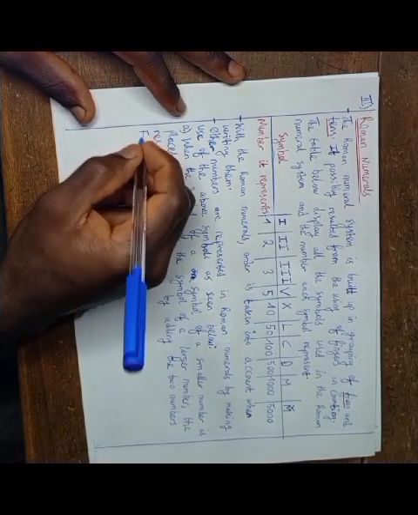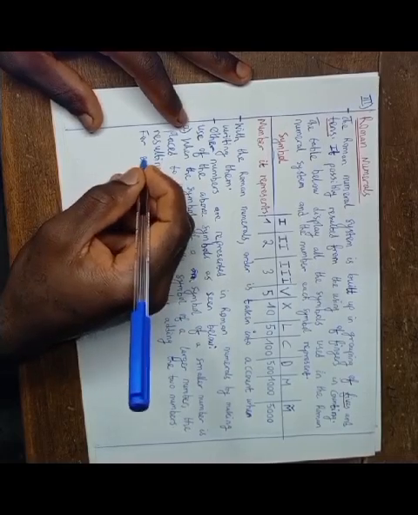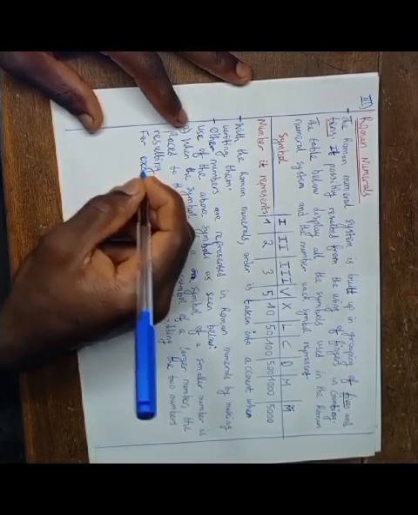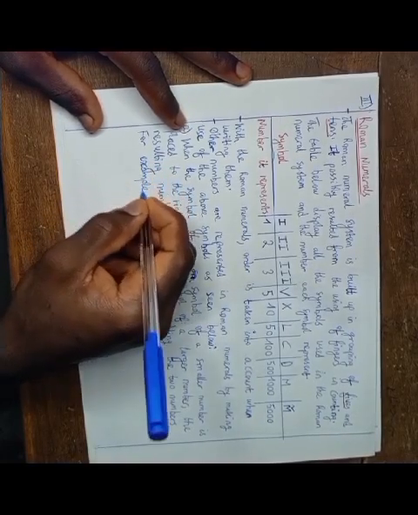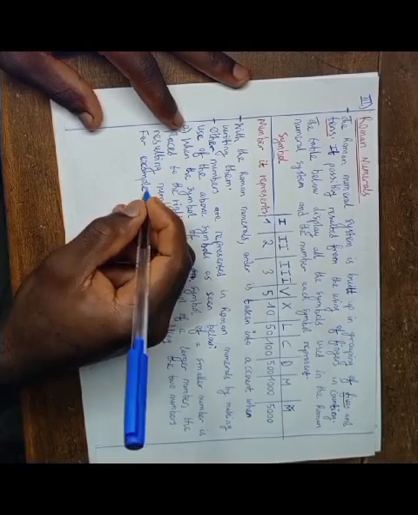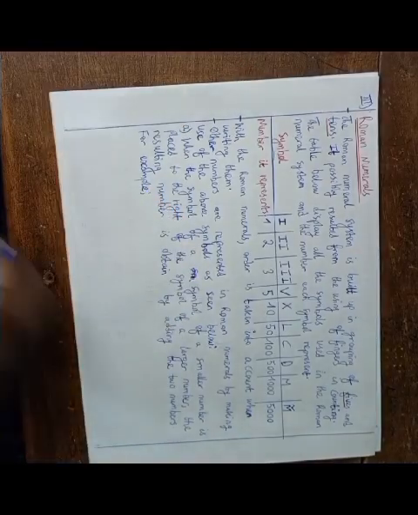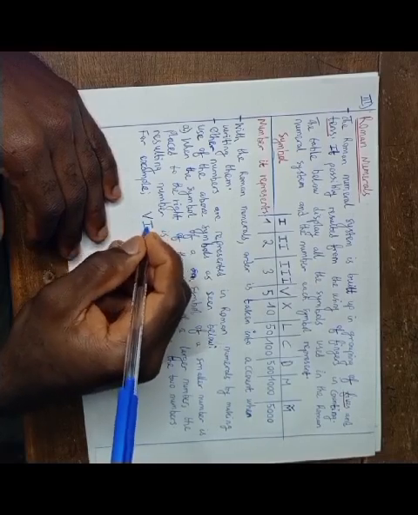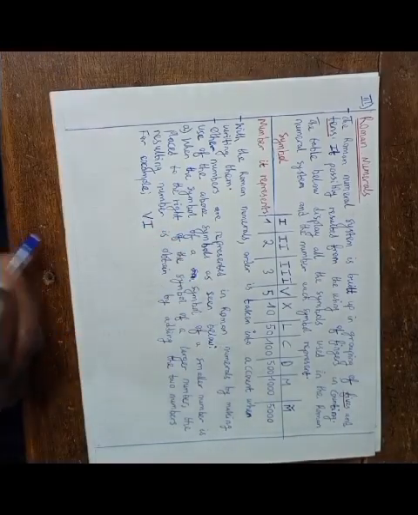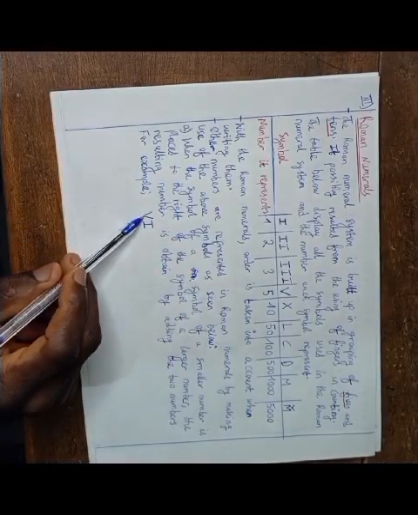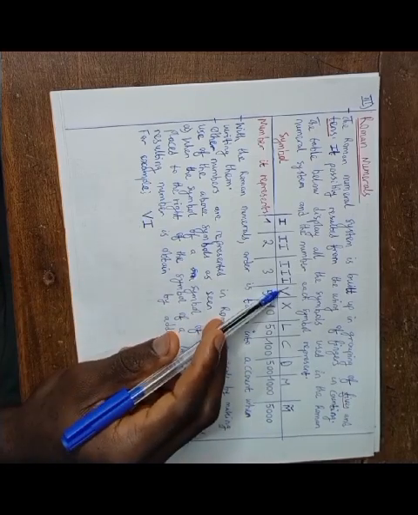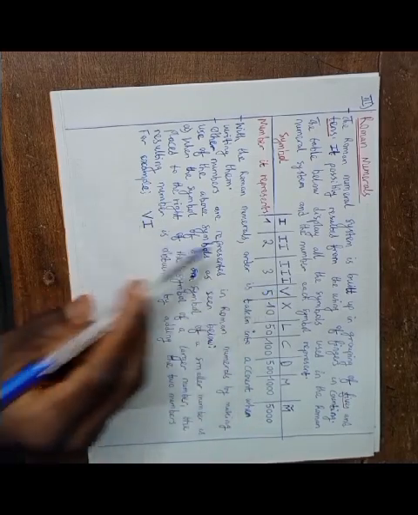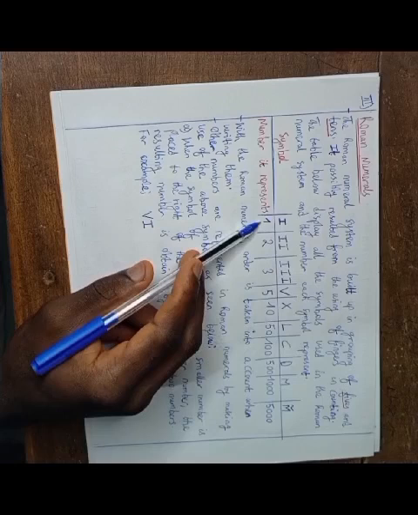For example, we have VI. Looking at these two symbols, we know V represents a larger number, 5, and I represents a smaller number, 1.